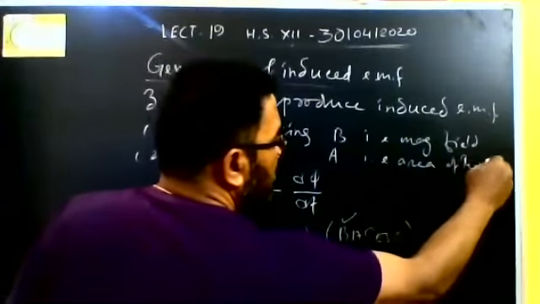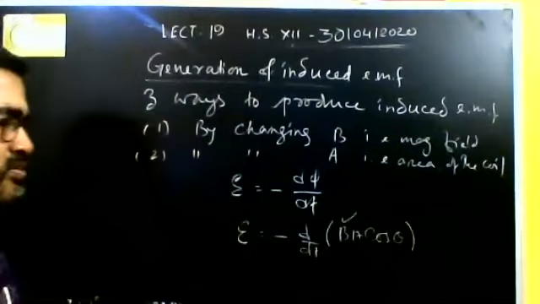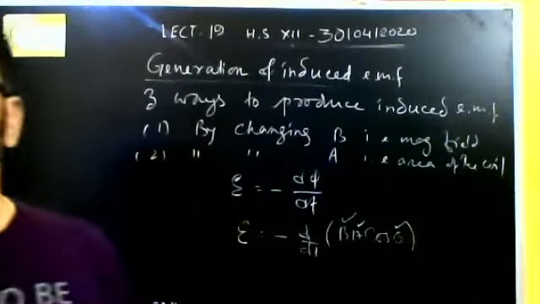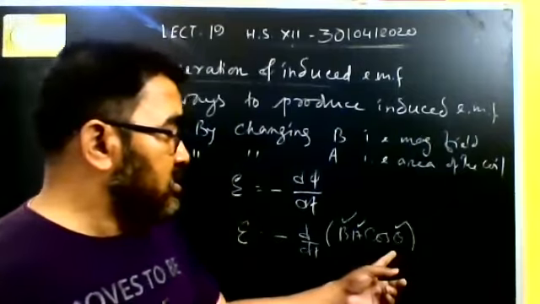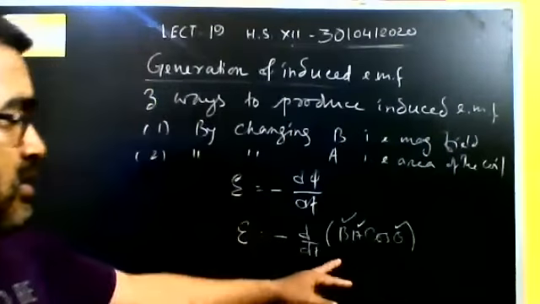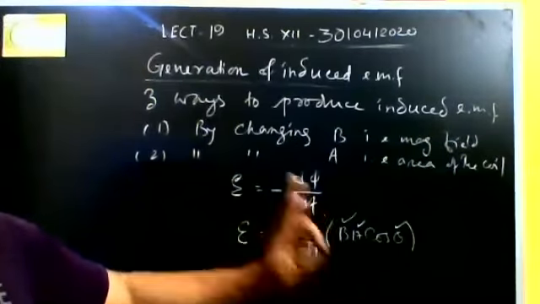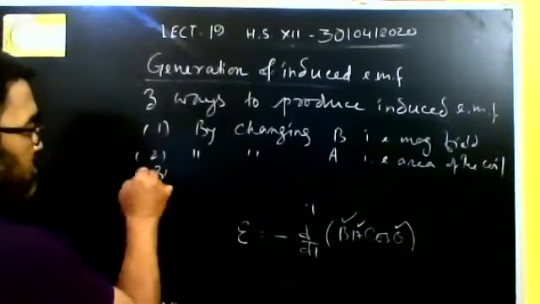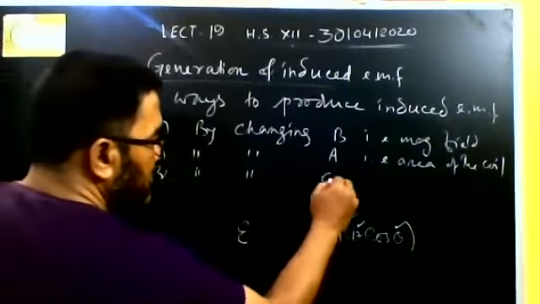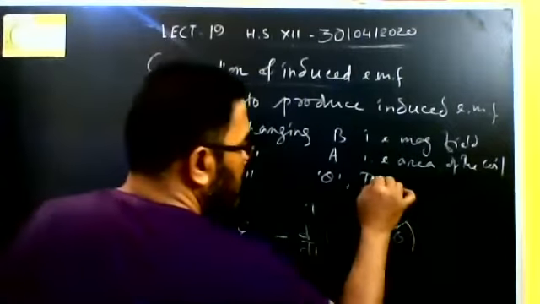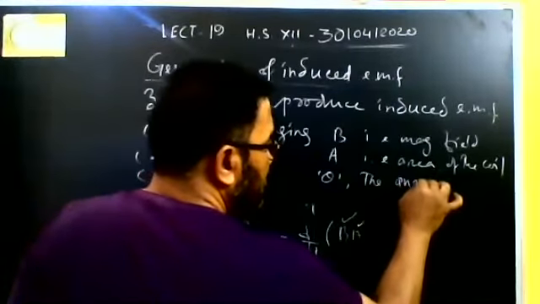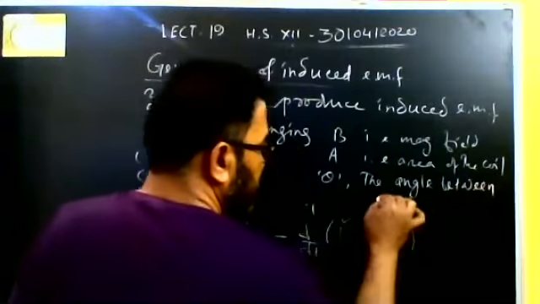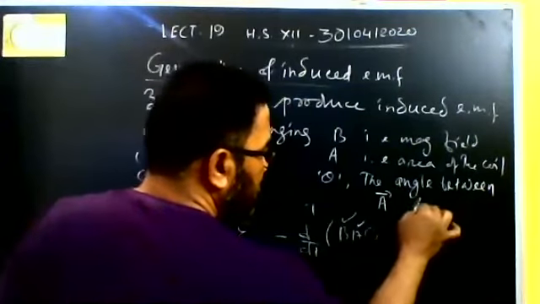The third one is theta, the angle between B and A. The third way is by changing theta, the angle between the A vector and the B vector.